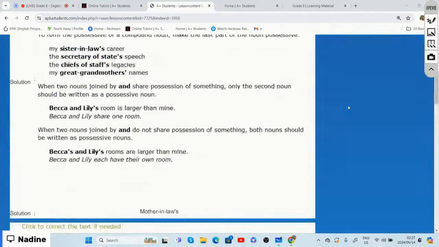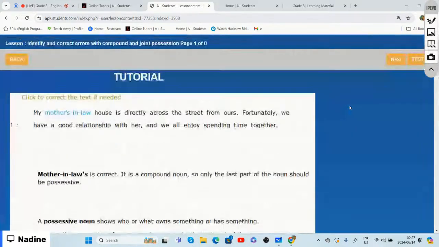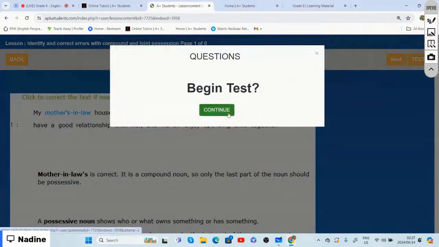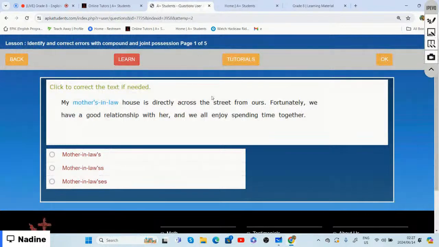All right. So let us go to a test. So it says, my mother's in-law house is directly across the street from ours.